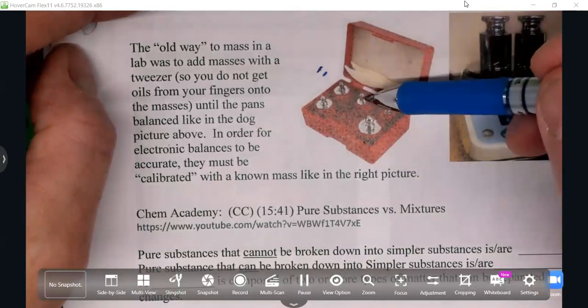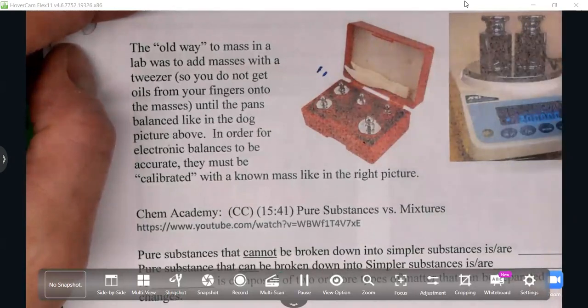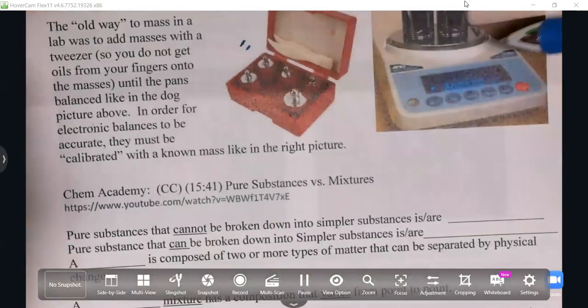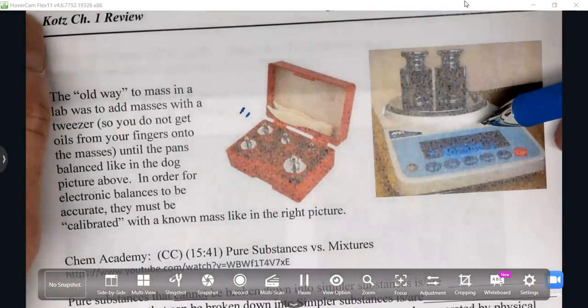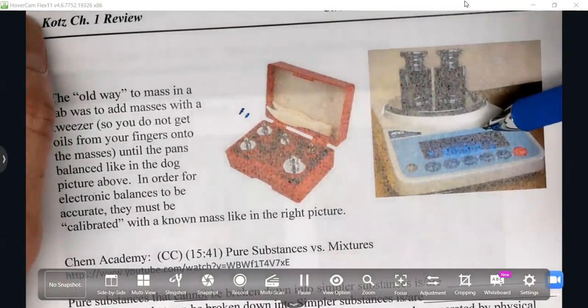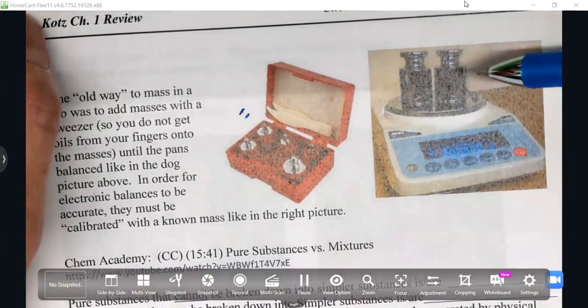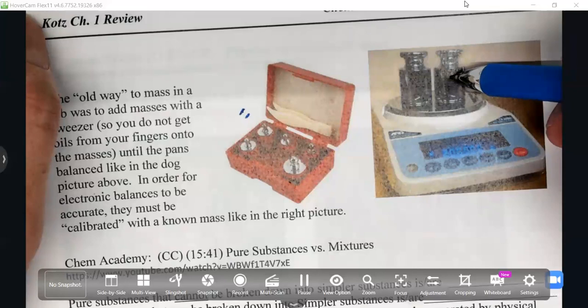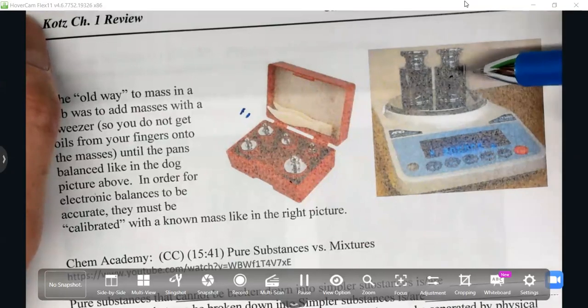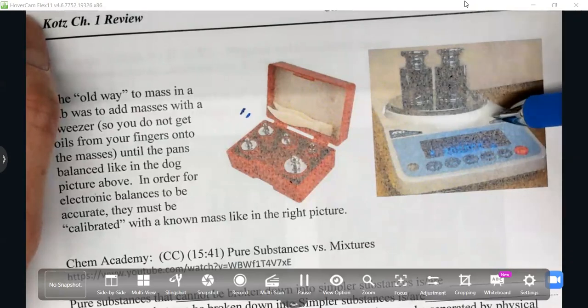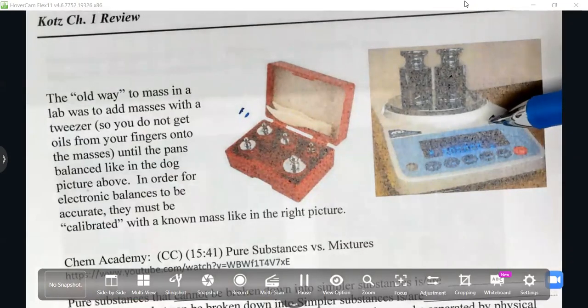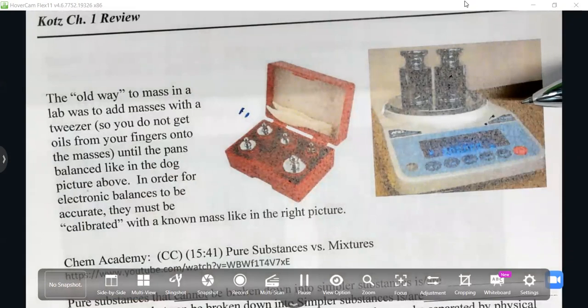And you didn't touch these with your fingers or you get oil on them. Now, the electronic balances we use will measure the mass, but every time you move it, you would have to recalibrate it with a known standard mass. So here's how this would go. We could ship a balance, the same balance to Eau Claire, Wisconsin, and ship it to Denver, Colorado.